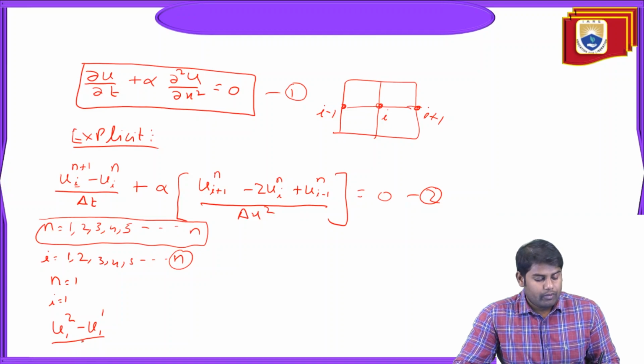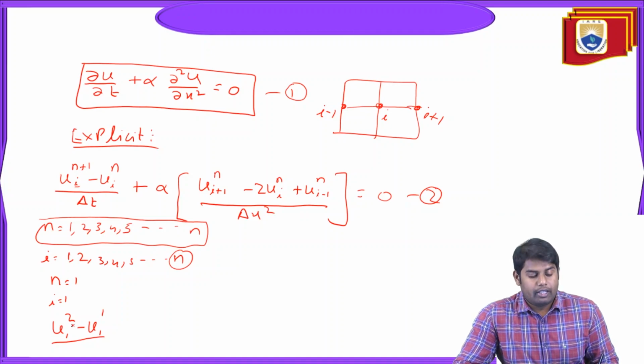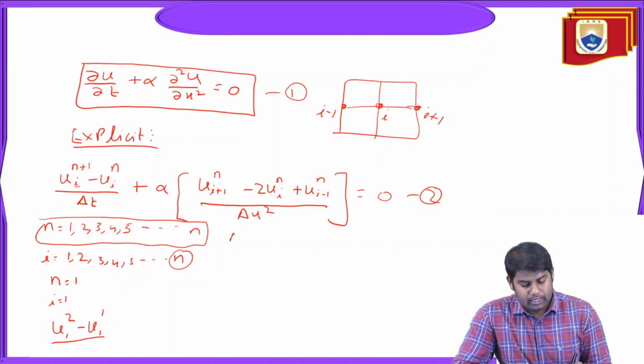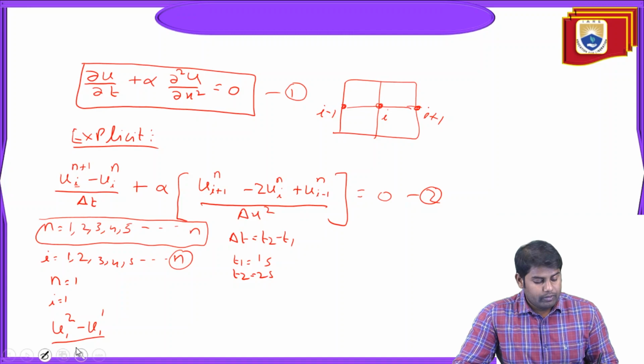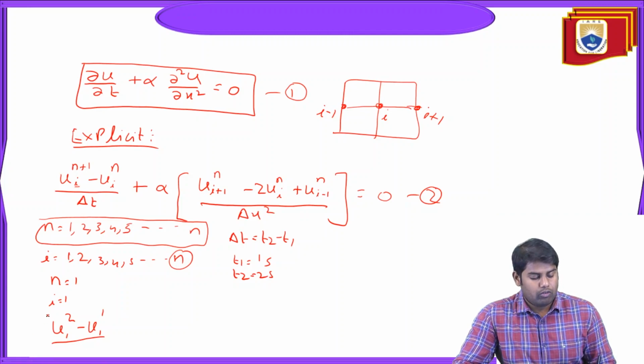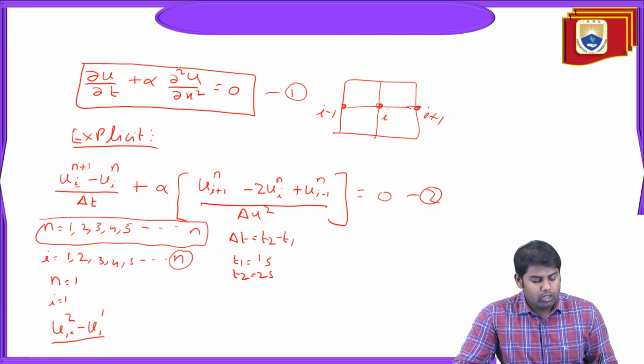Delta t is the time step we have taken, nothing but t2 minus t1. If we take t1 as 1 second and t2 as 2 seconds, delta t will be 1. Therefore u1 to the power of 2 minus u1 to the power of 1, divided by 1.